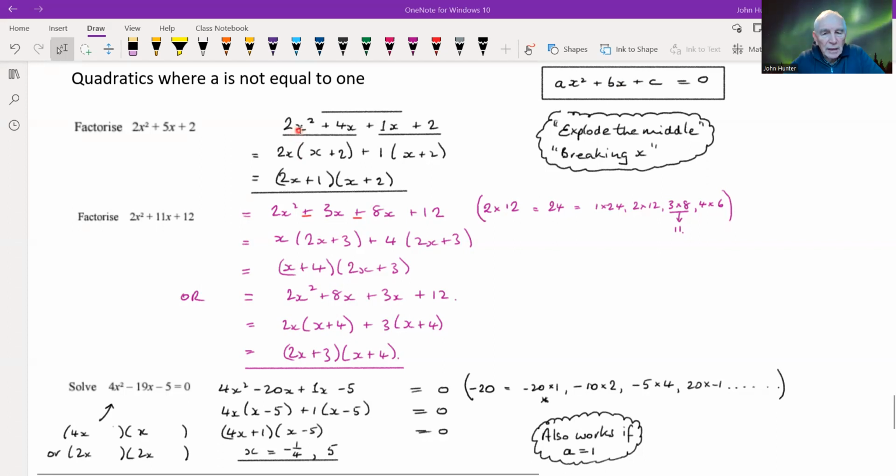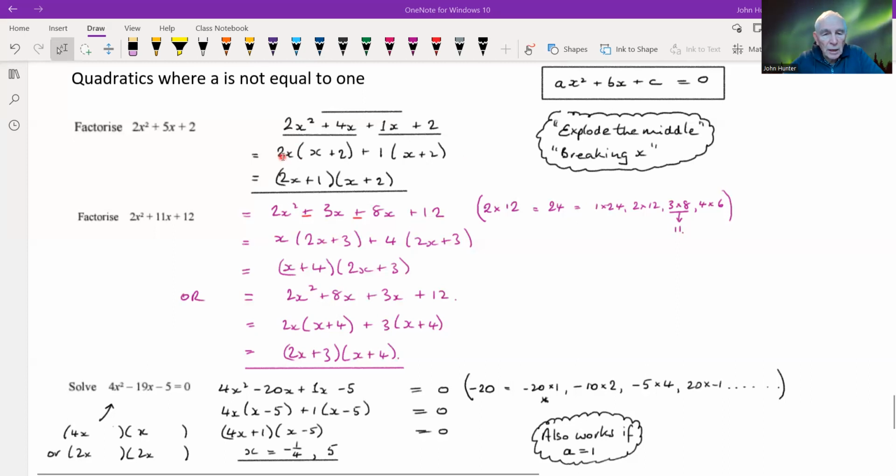So if what we're trying to achieve is this expression, we're breaking that 5x into 4x plus 1. Having split that, the reason I put these underlines and overlines in is just to illustrate that's what we've done first. But now we're going to look at each of these underlined portions separately and factorize them.